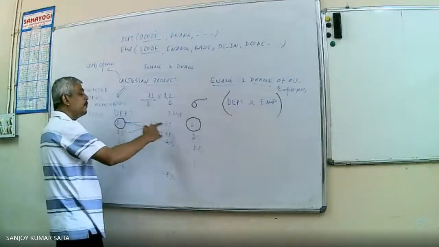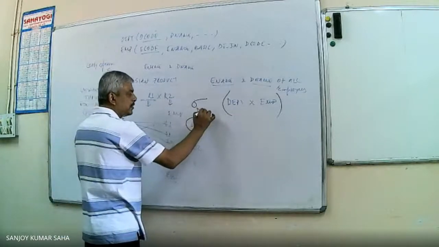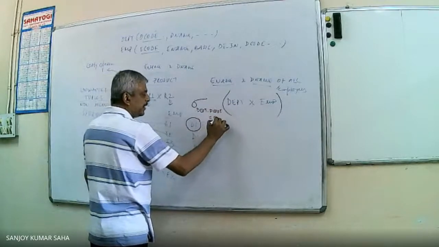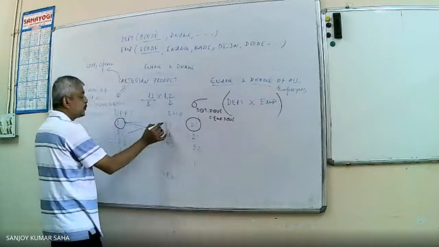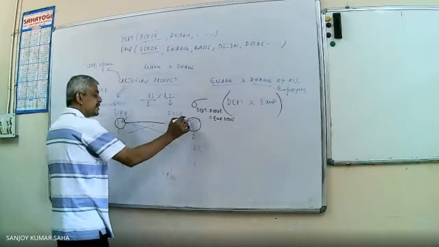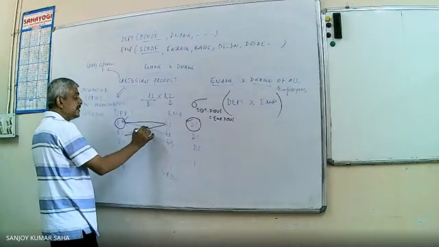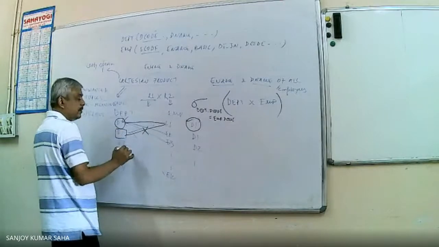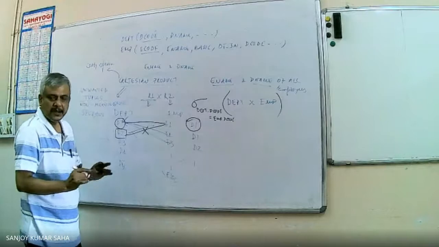So out of those n1 into n2 number of tuples, we want to retain only those where department.decode equals emp.decode. So when this one combines with these, decodes are same, so this one will be taken. When this one combines with these, values are not same, so this one will be dropped. This way we are making the refinement, the filtering.